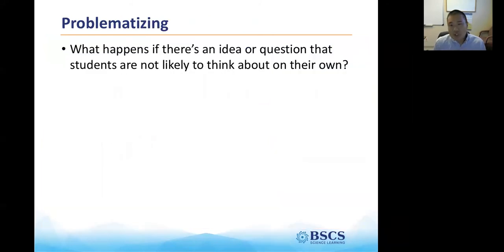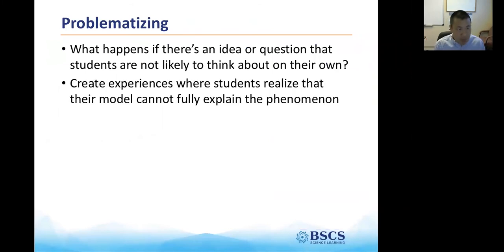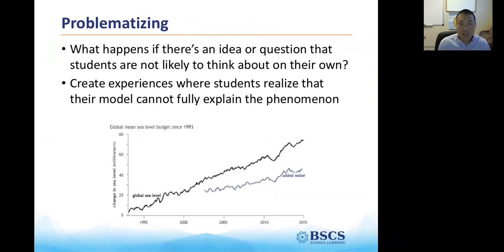But as you go through a storyline, you might realize that there are things that kids are not likely to think about on their own. So you need to create experiences where students realize that their model cannot fully explain the phenomenon. For example, we just spent all this time in the sea level rise unit deciding that ice melting matters.